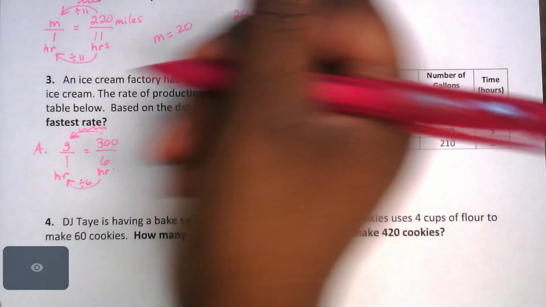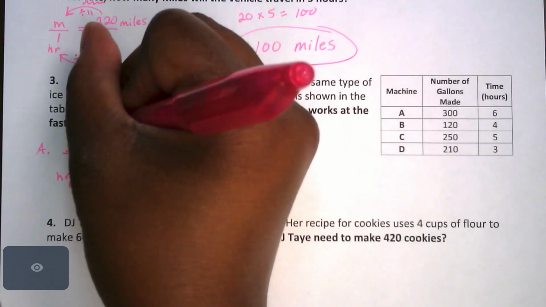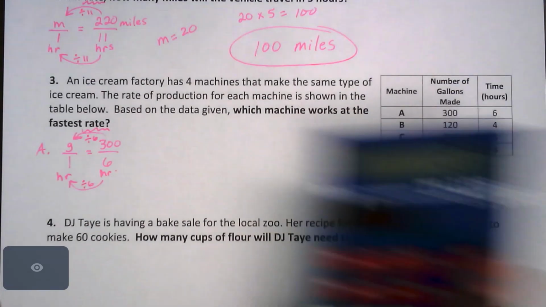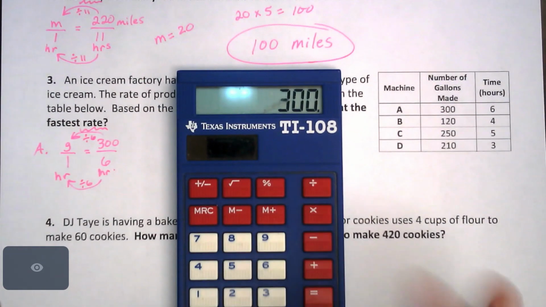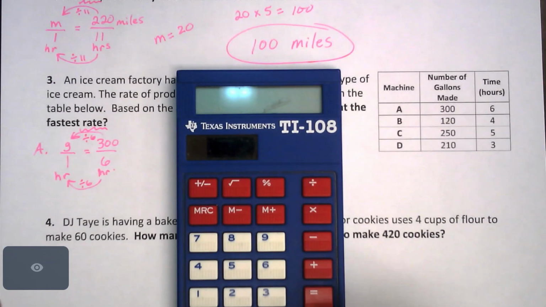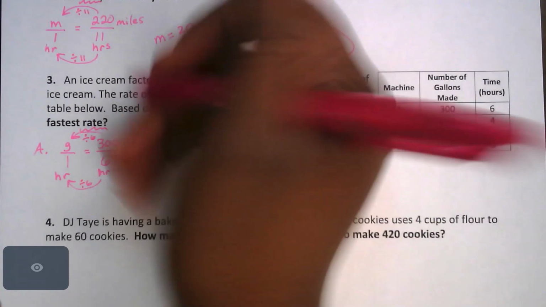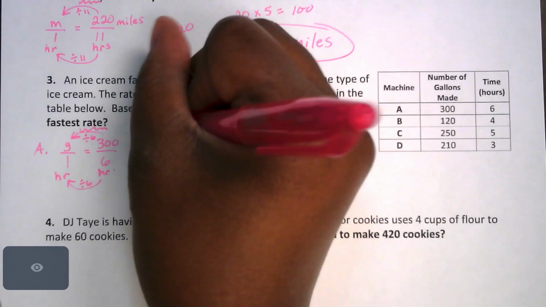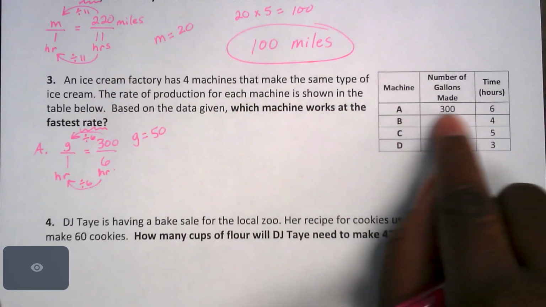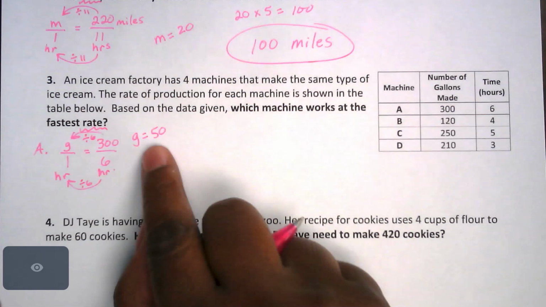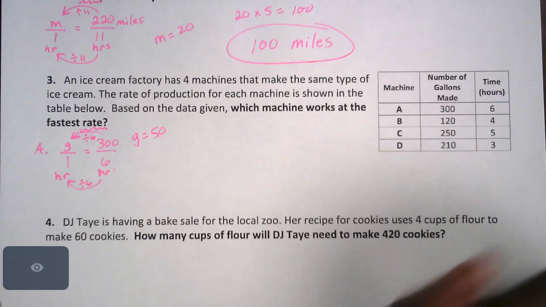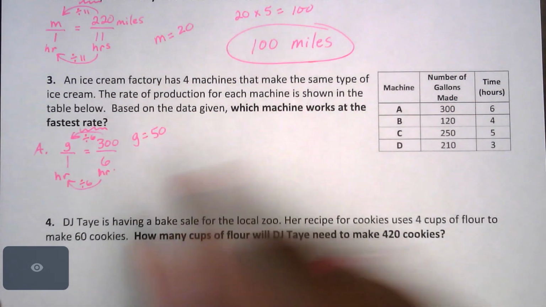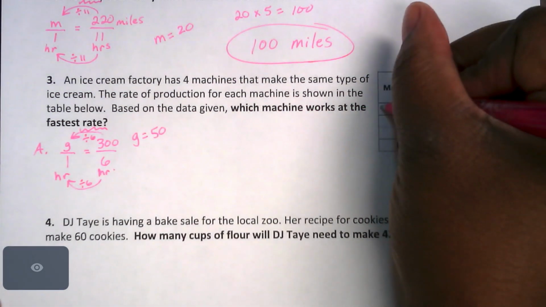So that means up here I need to also divide by 6. And 300 divided by 6 gives me 50. So that means that G equals 50. So this means that machine A makes 50 gallons per hour. 50 gallons per hour. So I'm just going to write a 50 here.